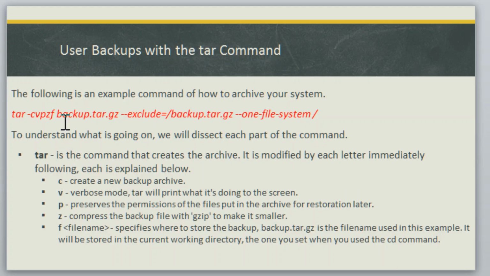So we have Z, which is gzip, so we're compressing via gzip, and file name, meaning we want to name the file, okay? So this specifies where to store the backup, which is backup.tar.gz. And it's going to be stored in the current working directory.